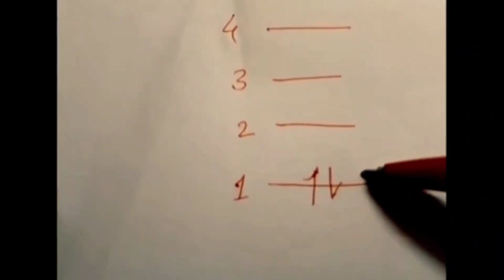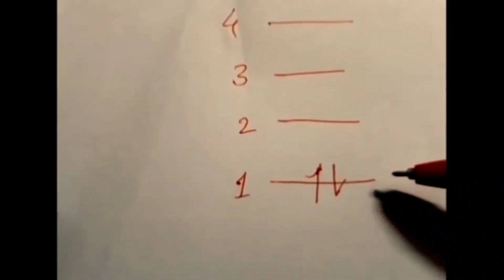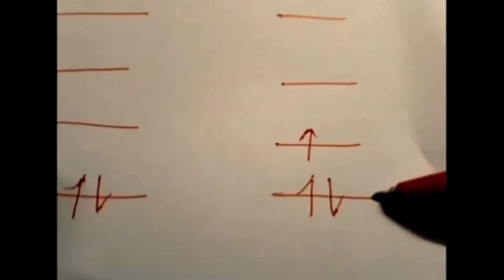See the situation: 2 electrons are present in the first molecular orbital, so this is HOMO. Whereas here the electron is not present, and this is the lowest orbital which is vacant. That's why this is LVMO.